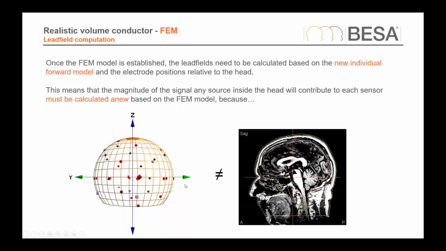Without a co-registration, we have a spherical model. This spherical model is the first approximation of the head shape, and of course it's not the same as using individual boundaries of brain tissues.